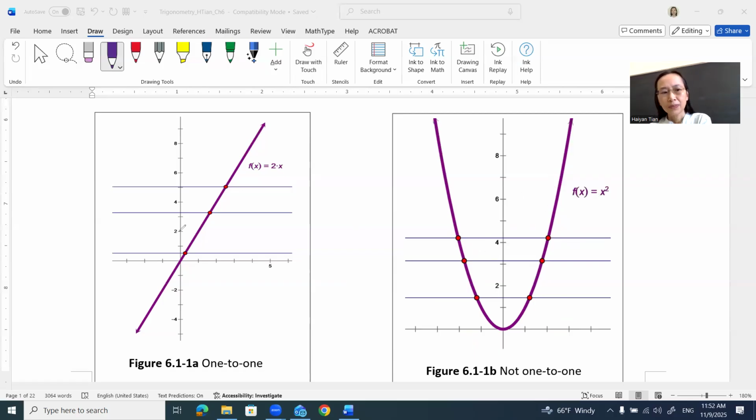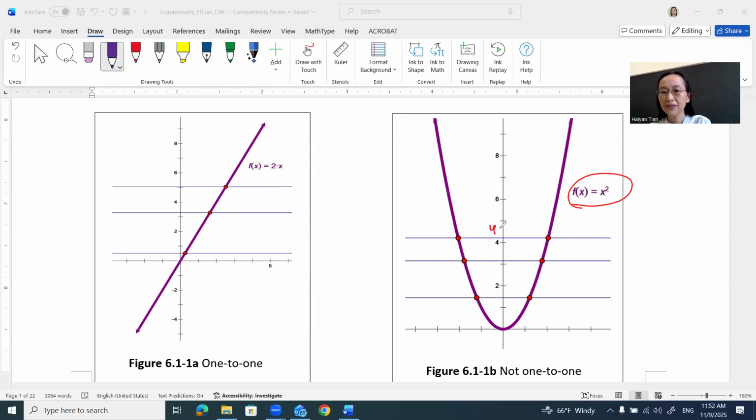And so if it's not 1 to 1, you can easily also check using the horizontal line test if there's at least one horizontal line that intersects the graph of the function more than once.